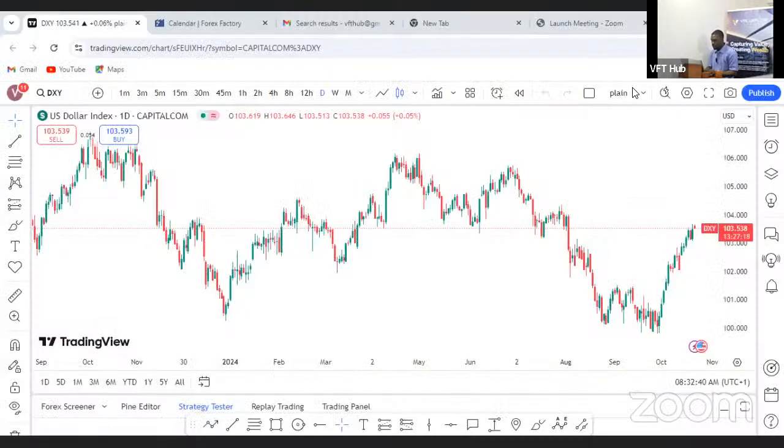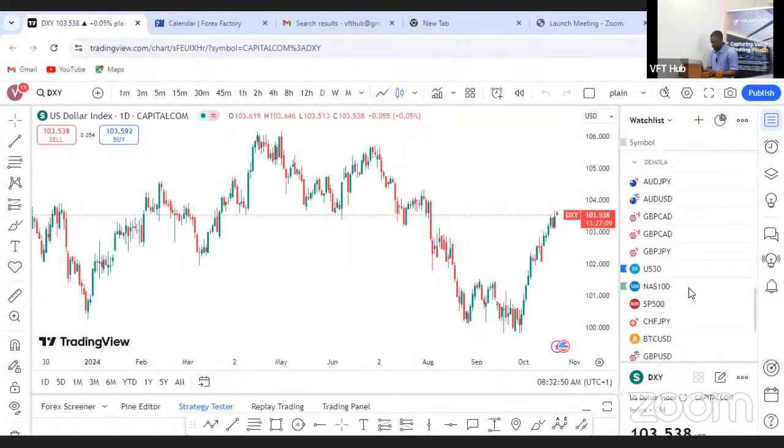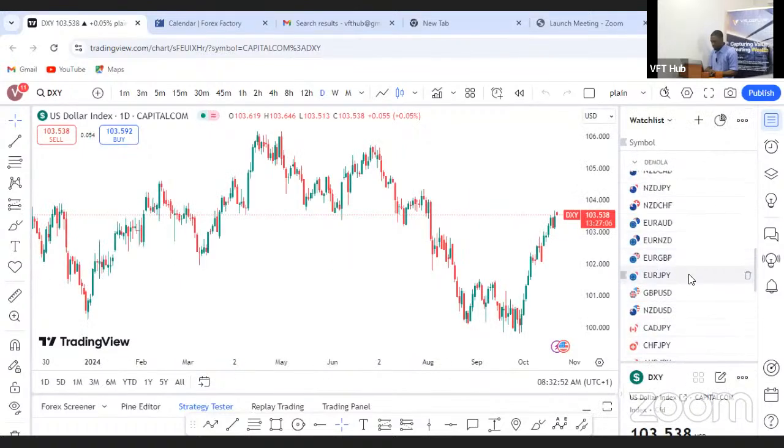So a quick one this morning, we'll be looking at US30 first before we proceed to other currency pairs. US30, I believe you can all see my screen.